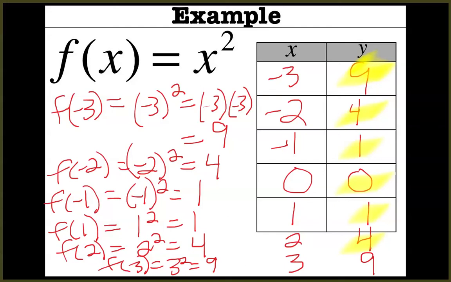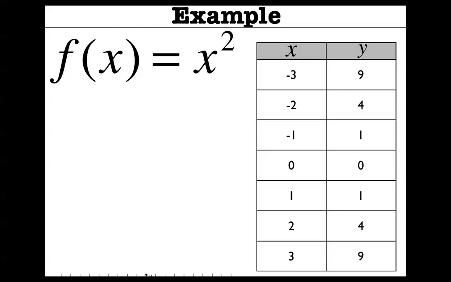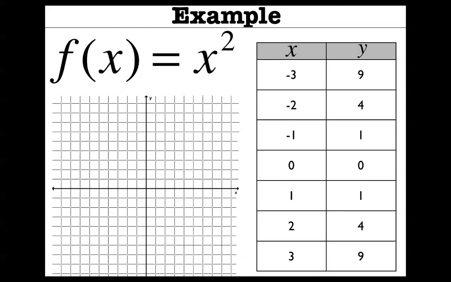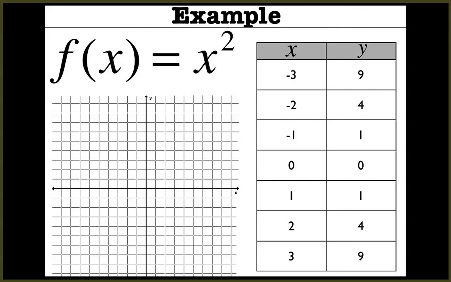Huh. Well, let's take a look at what the graph of that would look like. So I made a nicer, neater table here of those values, but watch what happens when we graph those points. Okay? And I'm just going to put dots on the graph. Let's start at 0, 0, because that's an easy one to graph.